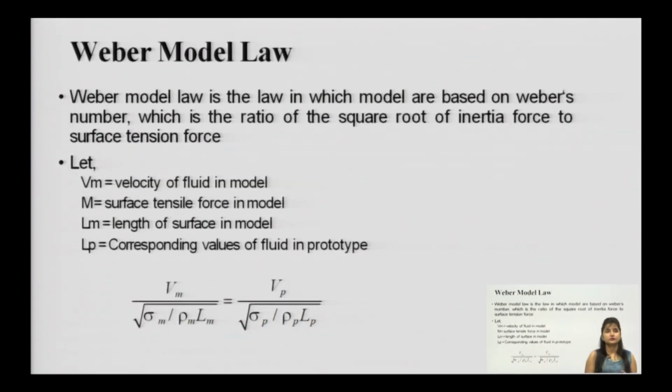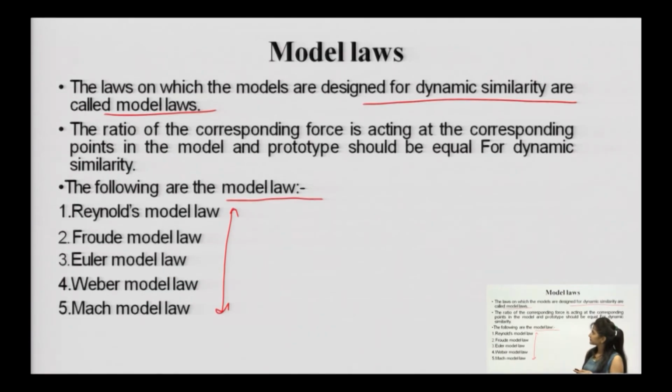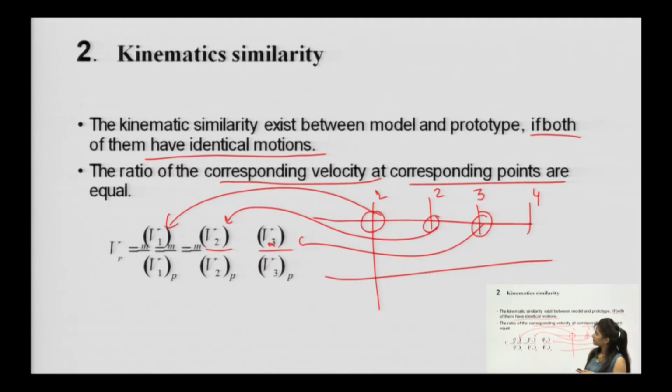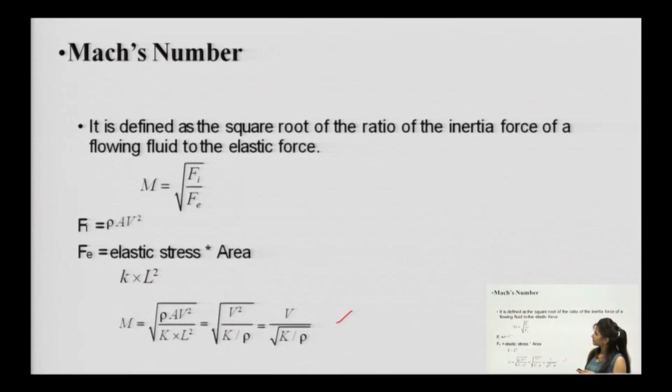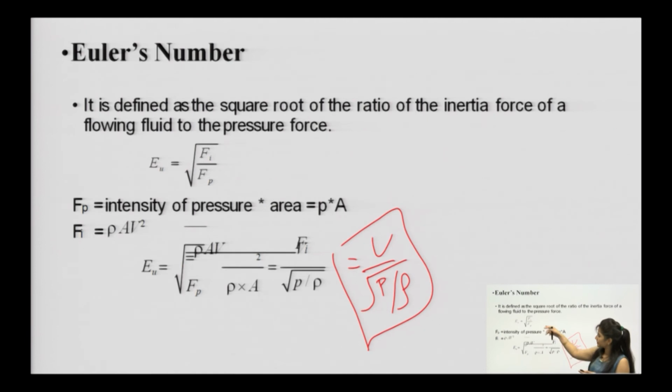Coming to Weber's model law, Weber's value for model should be equivalent to Weber's value of prototype. We have derived these in our previous lecture. Let me show you once. See, these were the numbers we have derived, so we need not study again and again.